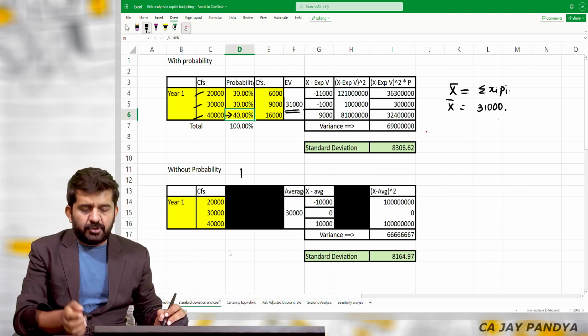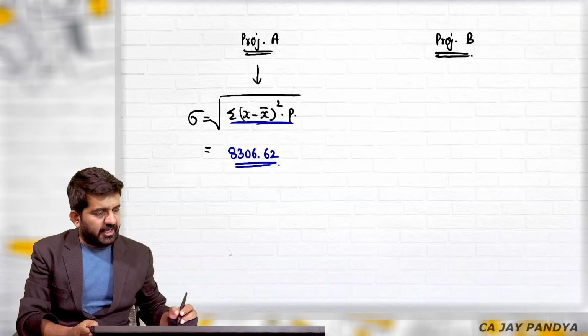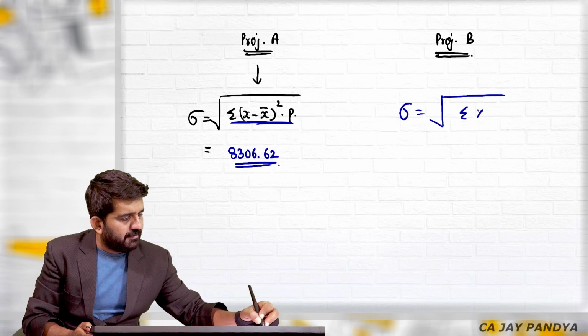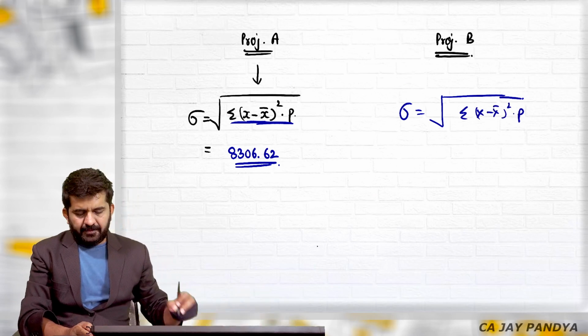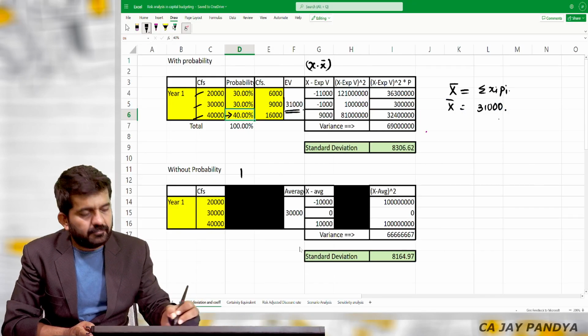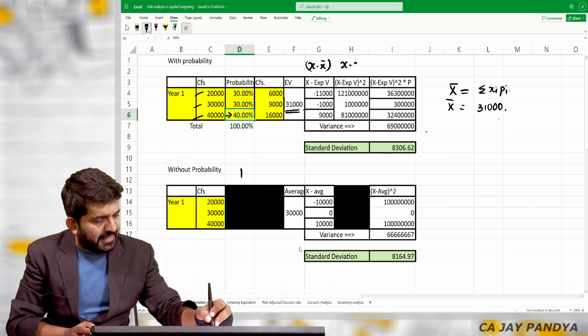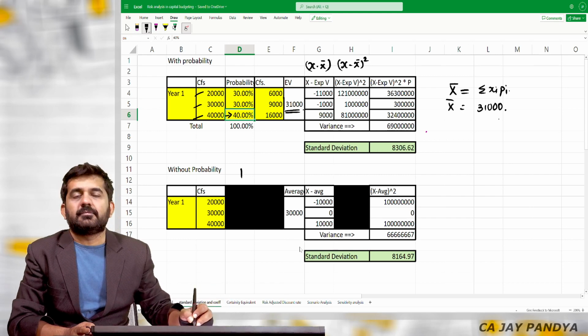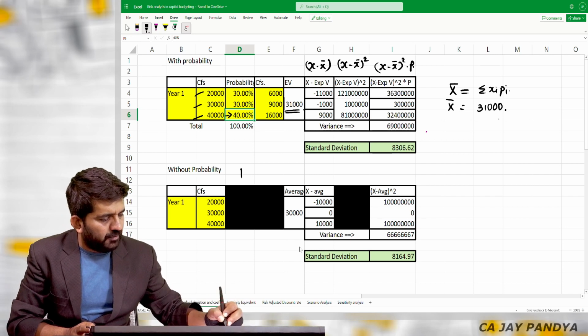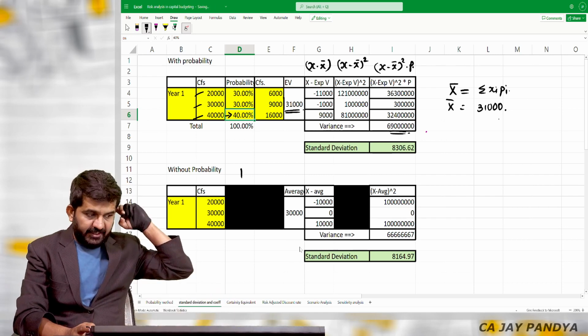How to find out the standard deviation? In project B also there are probabilities available. I will be finding it out by the same formula, sigma x minus x bar whole square into p. First I will do x minus x bar. Then this is x minus x bar whole square. This is x minus x bar whole square into p.